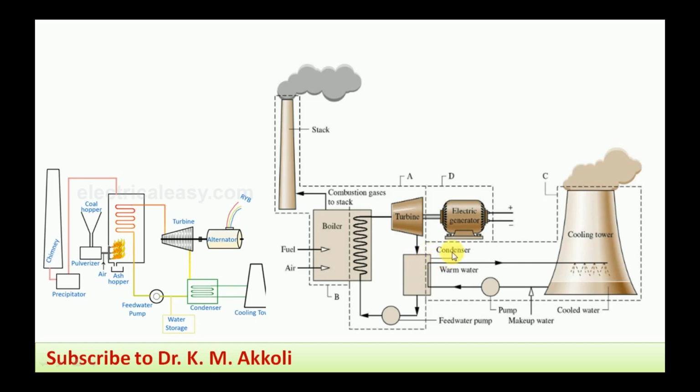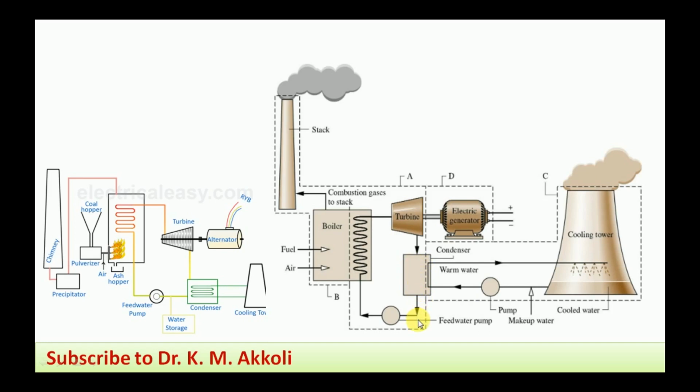Usually different types of condensers are used, where low temperature water is supplied, and in the condenser heat from the steam is transferred to the water, thereby its temperature reduces and it condenses to form a liquid.